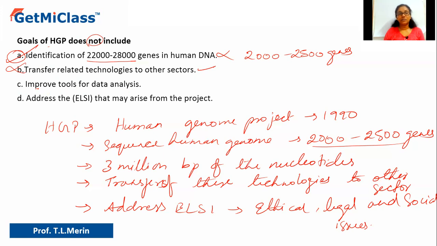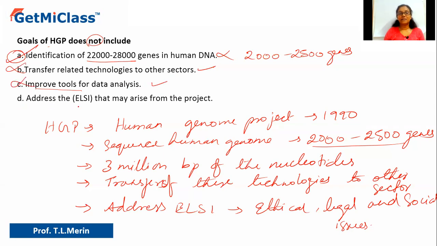Yes, that was also the aim of the Human Genome Project: how the tools can be improved better and better, so as to analyze and understand the sequence, and easily sequence each and every chromosome of a particular person or organism. So this also was an aim of HGP, but that is not an answer.